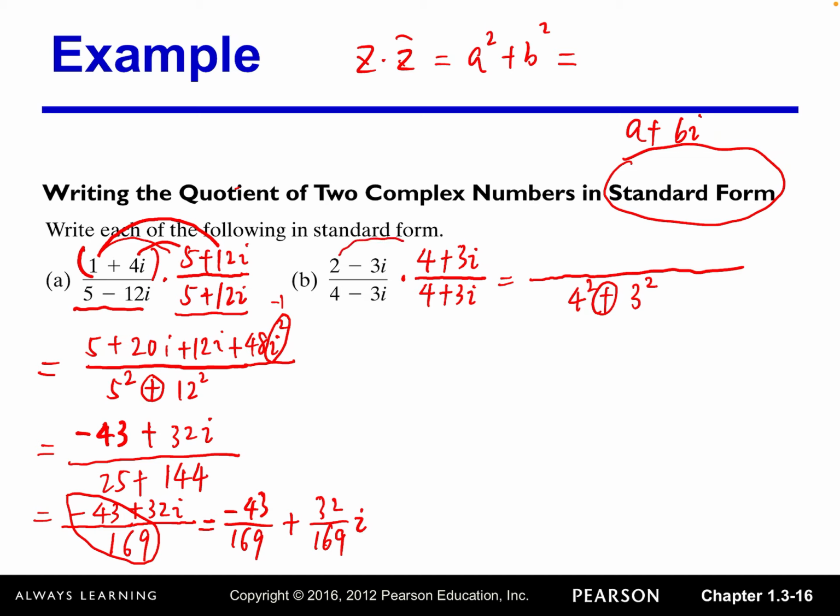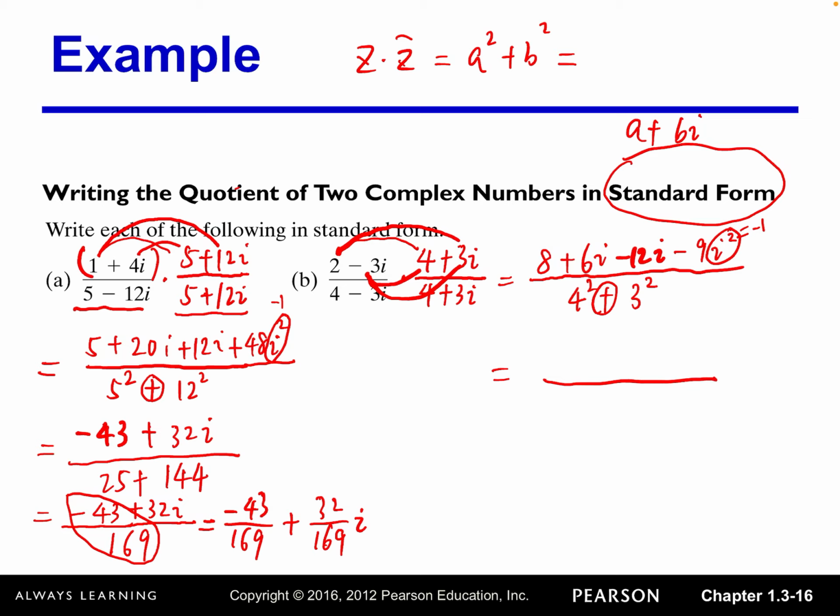And then numerator, FOIL. First, 8. This time I do the FOIL. Outer, plus 6i, inner, minus 12i, last, that's minus 9i squared. And then remember i squared equals negative 1.